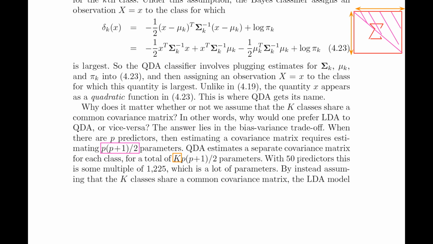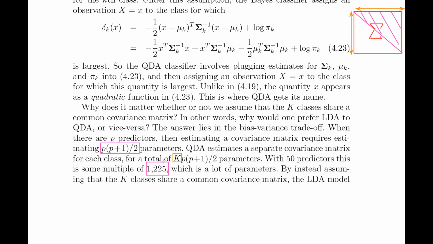So if you have 50 predictors, if you're just using LDA, you would need 1,275 parameters. That's 50 times 51 divided by 2. But you would now need 1,275 parameters for each of the K classes.